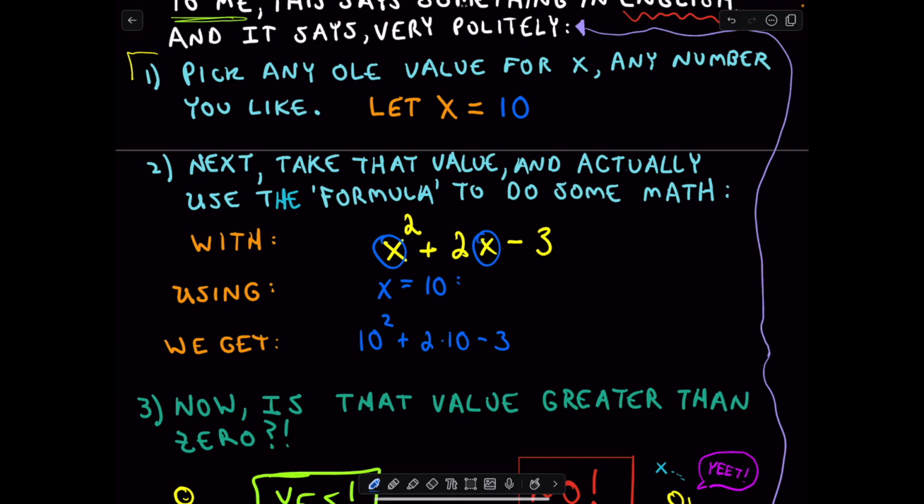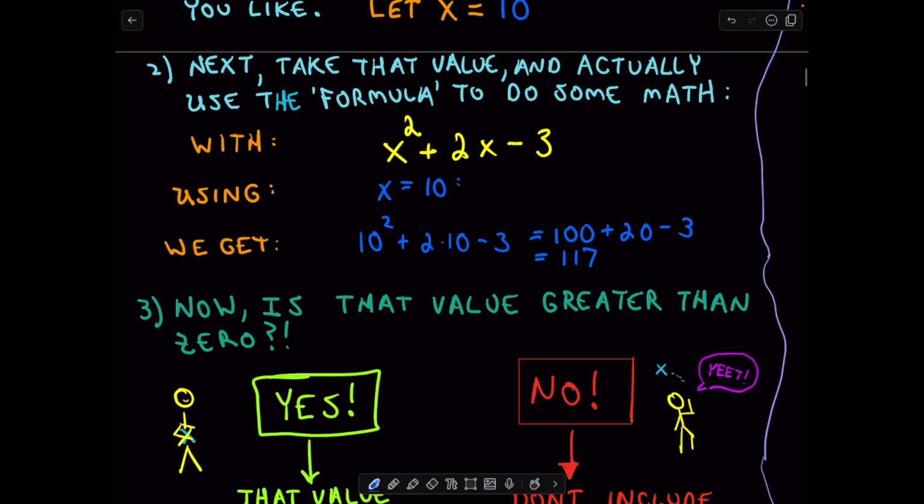There's nothing special about 10; I'm just picking a number to use as a specific example. So 10 squared is 100, 2 times 10 is 20, and then we subtract 3. So that's 120 minus 3, which is 117.